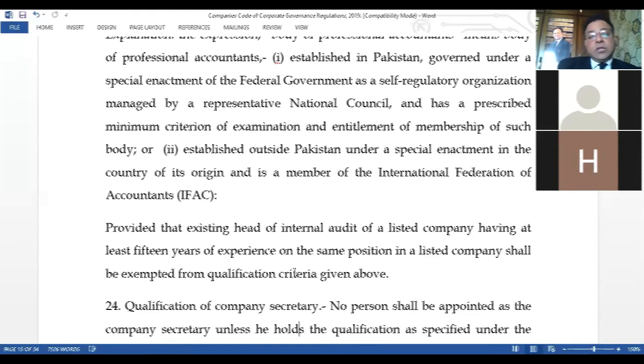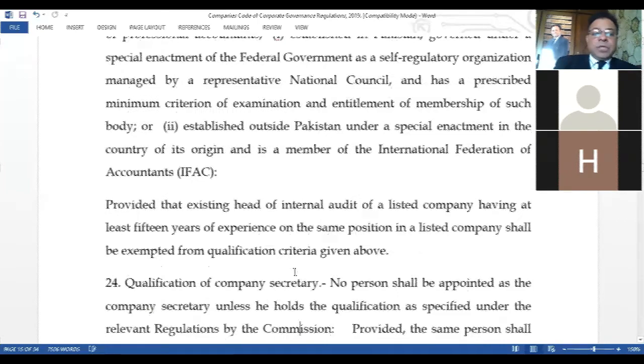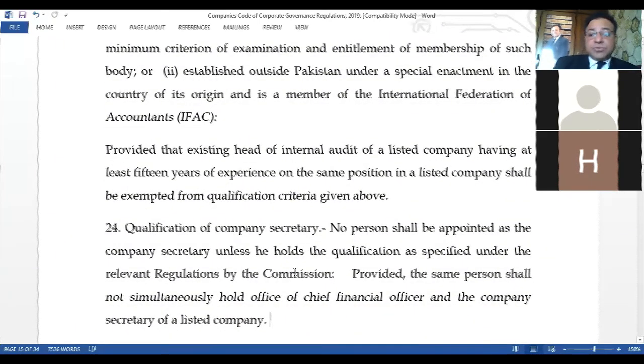So in all professional organizations, it is important that one has membership of the professional body, because those bodies are meant for capacity building and for regulating conduct when members act as professionals. This is why, while seeking an assignment as an auditor for a listed company, this is a primary, focused, and vital requirement. Now, in this chapter, the last regulation is meant for the company secretary.